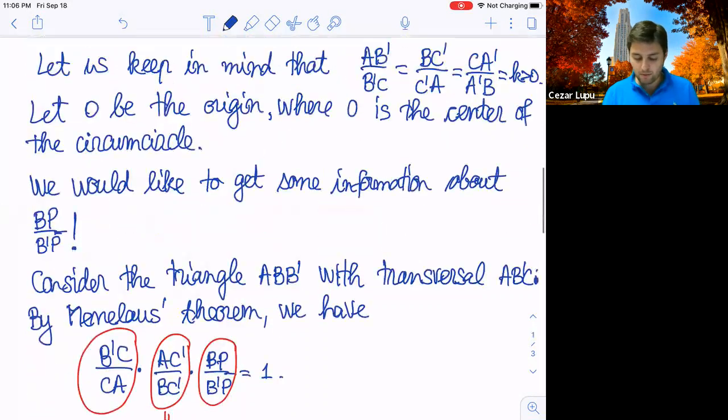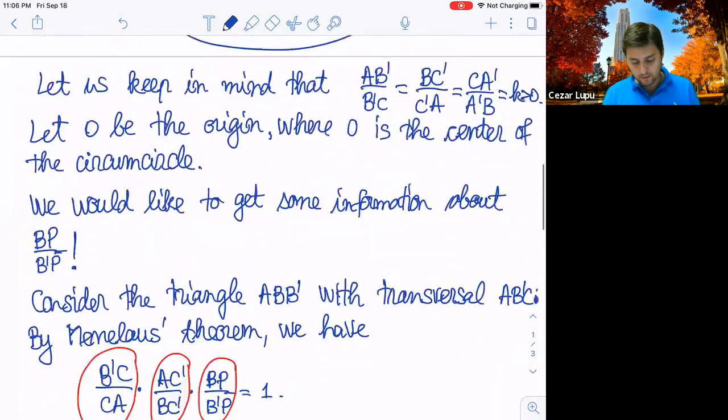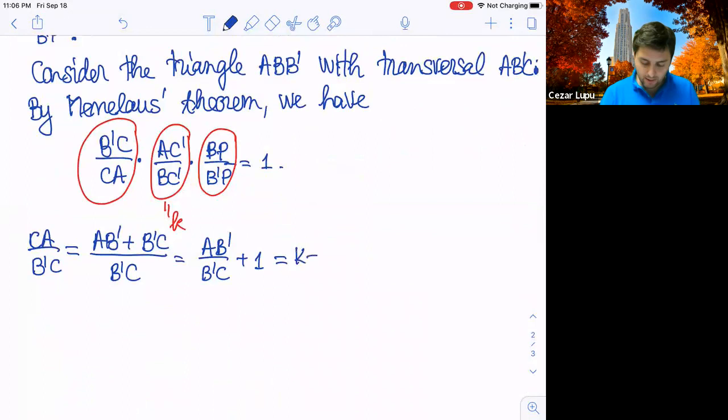But AB prime over B prime C is K. So this is nothing else than K plus 1.